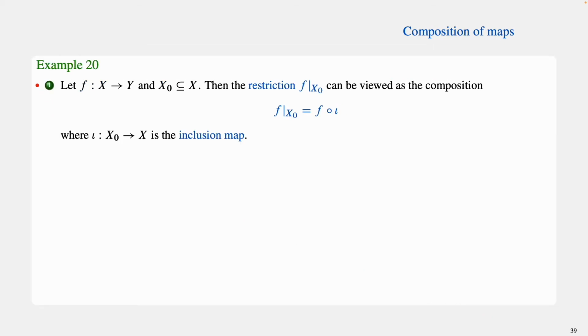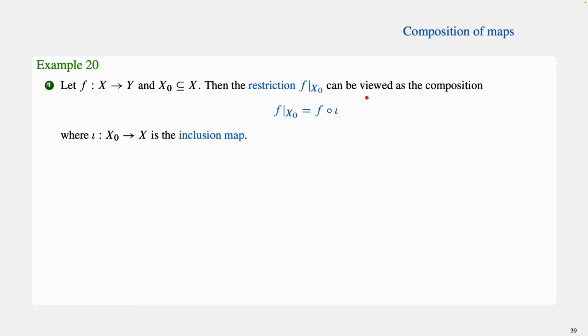Let's look at examples again. We can view the restriction as a composition of function f and an inclusion map. So f going from x to y and x0 being a subset of x, then we already learned that the restriction of f to x0 is simply the map f, but we only plug in values coming from the subset x0.